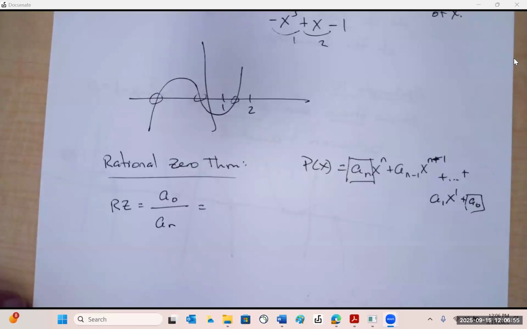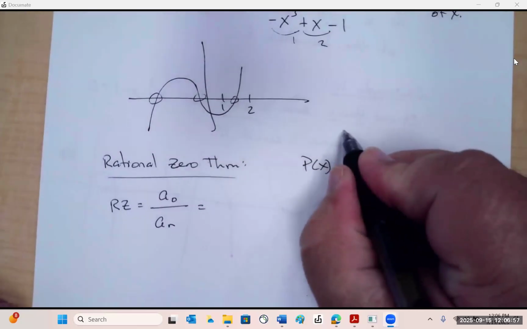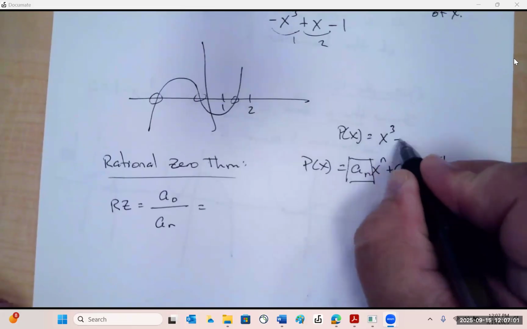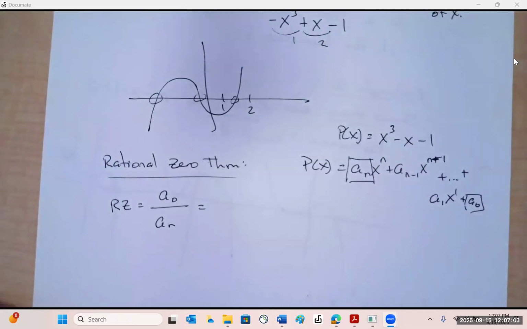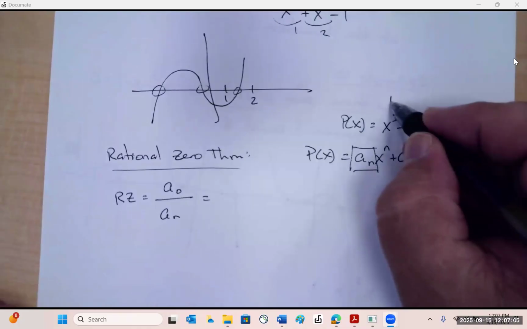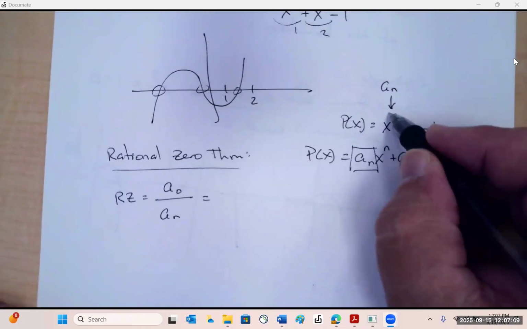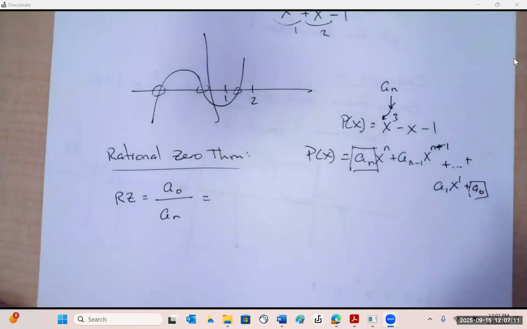So in our case, our polynomial is x cubed minus x minus 1. The a sub n is 1.